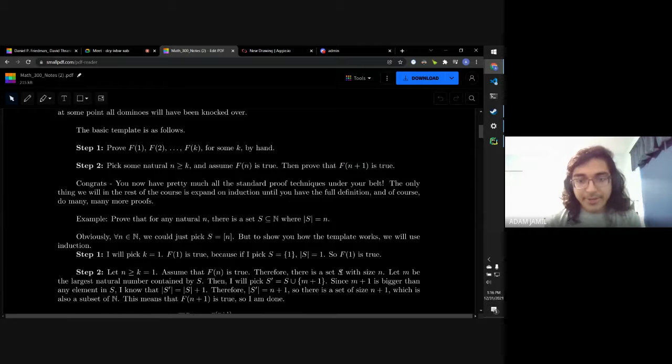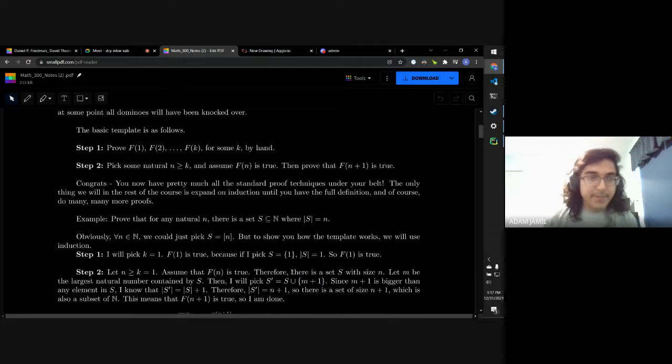So S is finite. So that means that S has a maximum. And so if the maximum of S is m, then I just throw m plus 1 inside of there. And I call this new set S prime. So S prime is definitely one element larger because m plus 1 is not in the set S, because it's one larger than the greatest element.